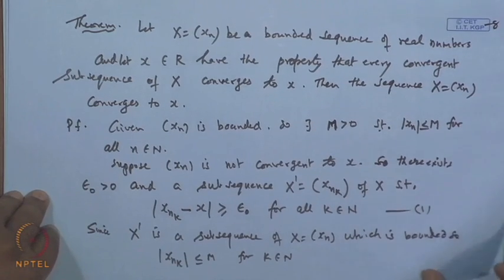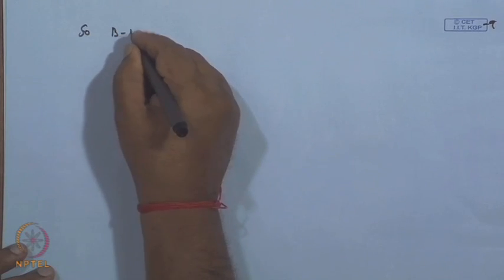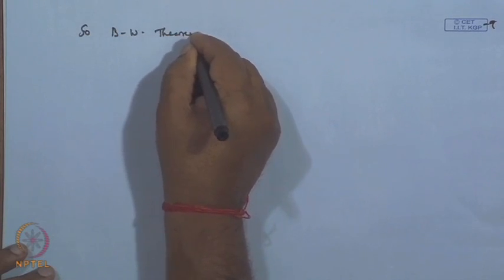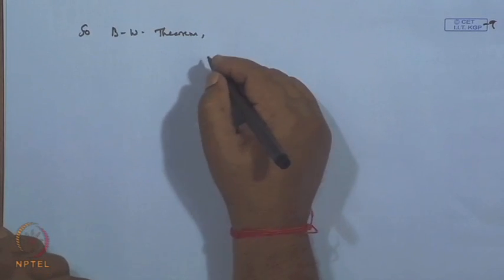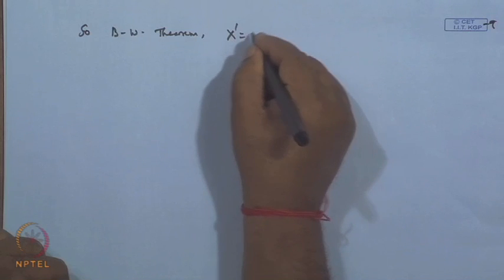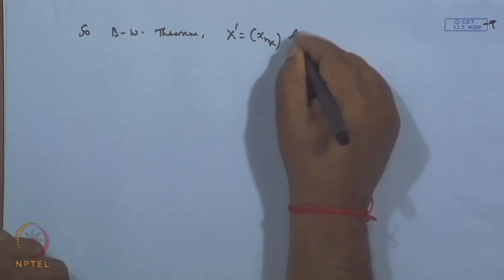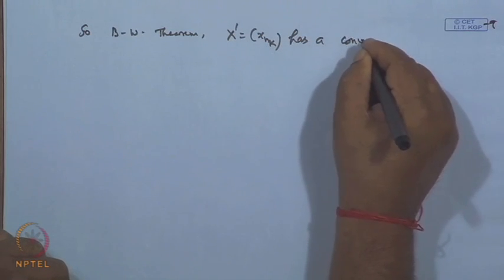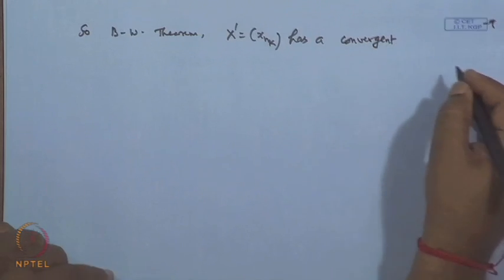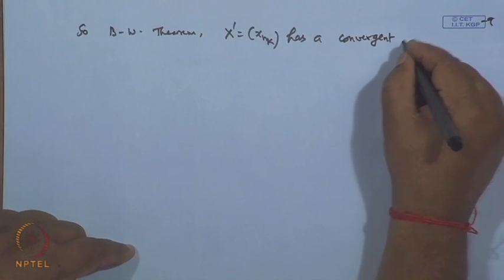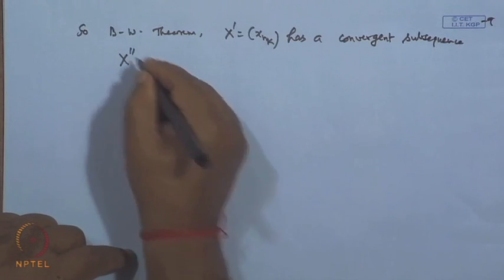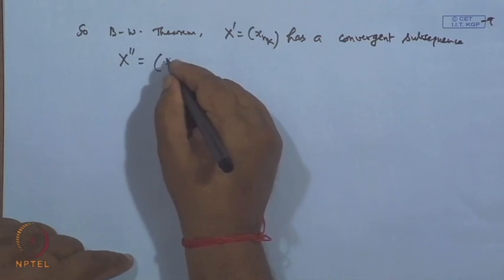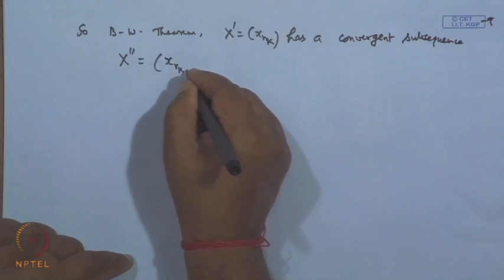So, by Bolzano-Weierstrass theorem, we can say that x dash has a convergent subsequence x double dash, say x r k.